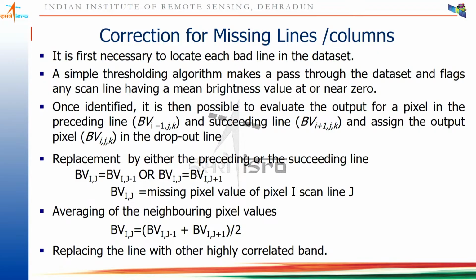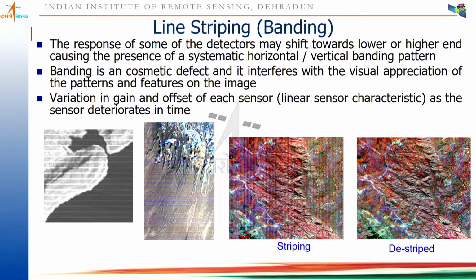Now the third option is, if you have a band which is highly correlated and that band has all correct values, with no line dropped in that band, you can replace that line with the most correlated band. So these are the three methods for line dropouts.